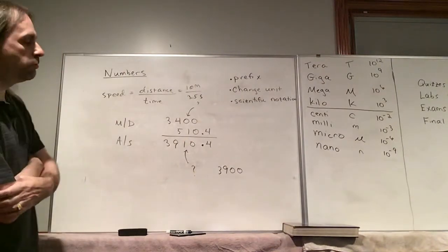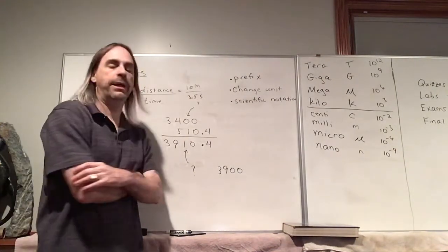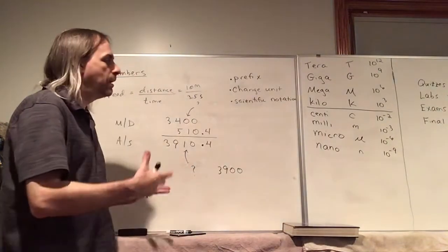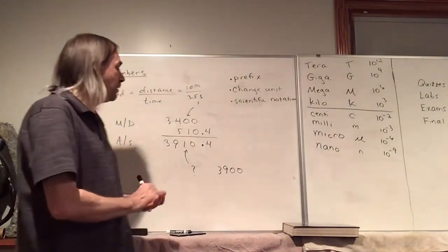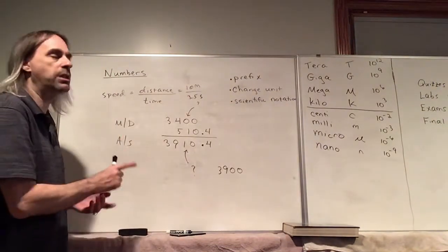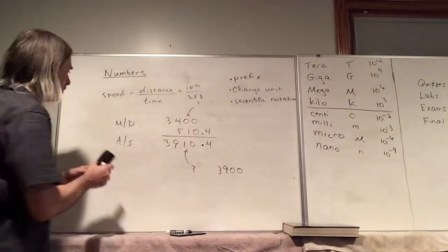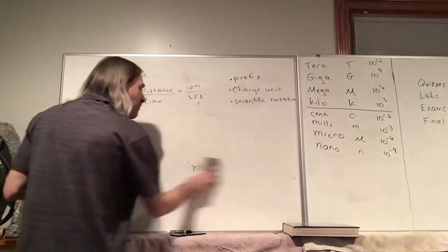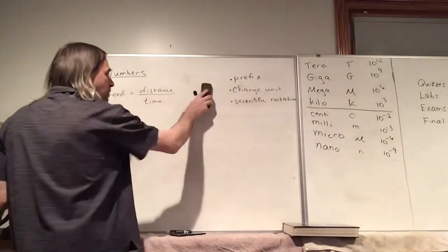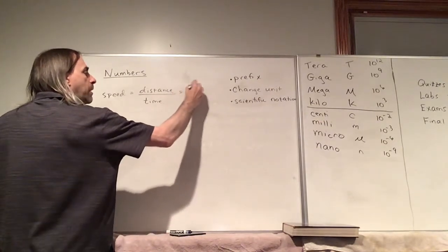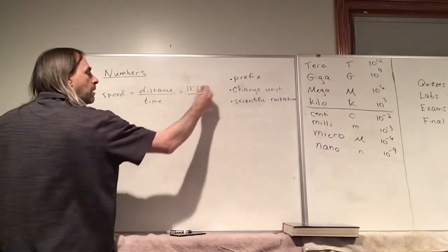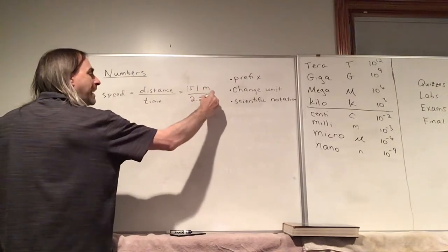And so, yeah, we have rules for determining this. If you're reading a problem from the book, they'll give you the numbers to plug in. So here, let's say you travel 151 meters in 2.2 seconds.